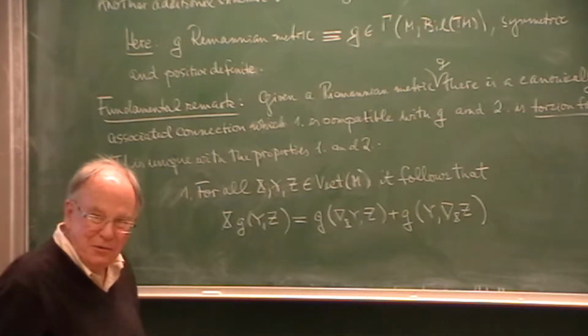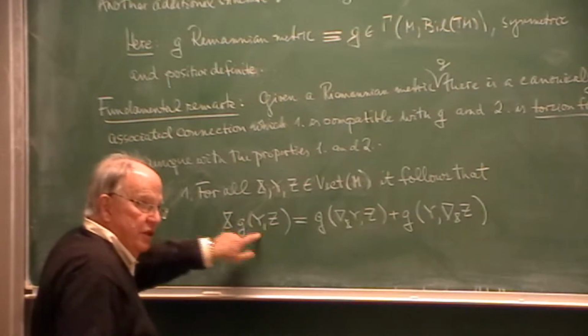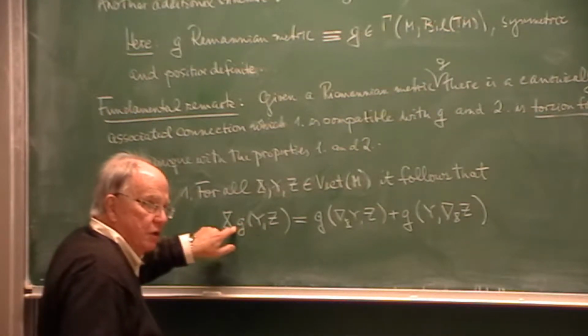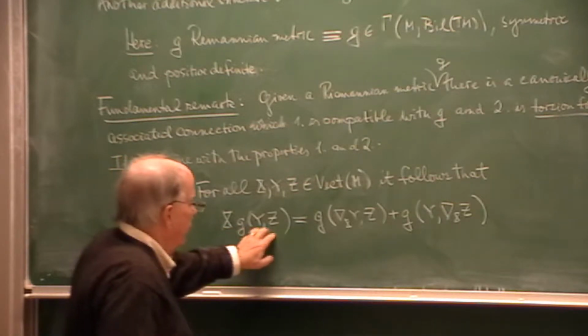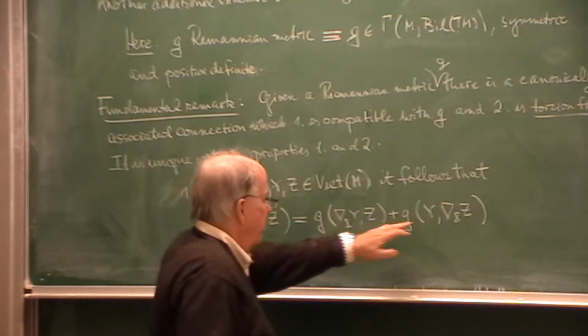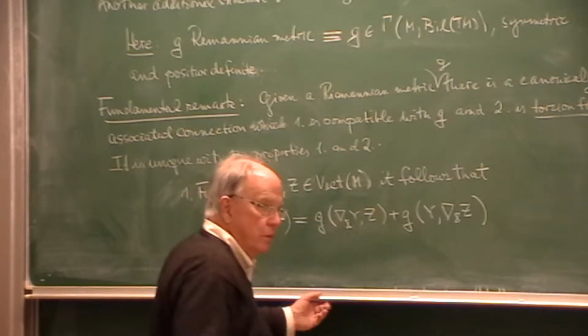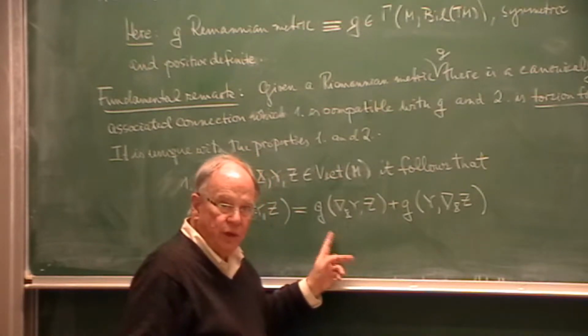Doesn't that look like the product rule? You differentiate this function as usual by first differentiating inside the bilinear form, the first thing, and then the second. This is some sort of product rule called compatibility with the metric. I'm going to talk about what that really means.